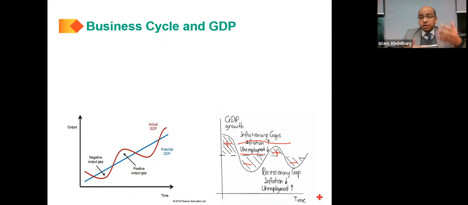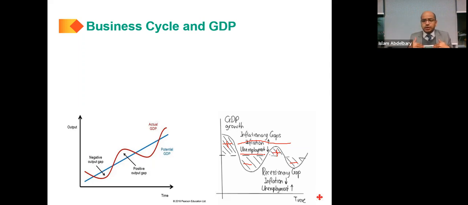The aggregate demand increases, and as you know from microeconomics, when demand increases, prices increase. People working more, earning more, asking for more products, prices increase. Producing more needs more resources, so aggregate demand increases and prices increase. So inflation increases, unemployment decreases.